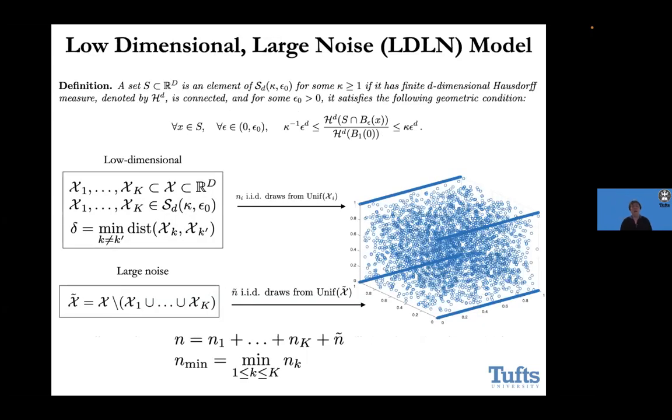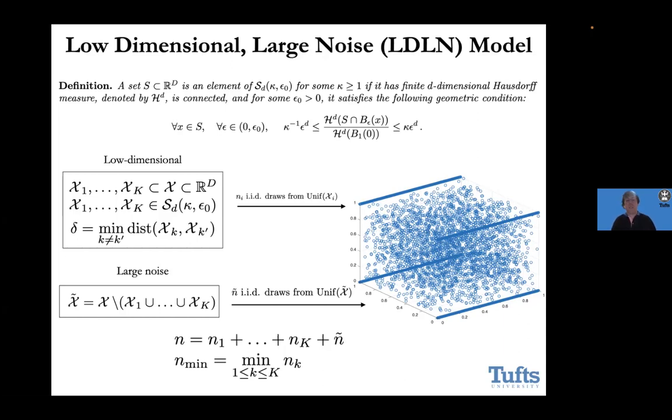So the theoretical model we consider here is, ultimately, we want a finite sample bound. We want to say, if I sample from my probability measure mu, and I take at least this many points, then with high probability, all my dreams come true. The way we were able to get good bounds here was to consider that the clusters needed to localize on low dimensional sets.